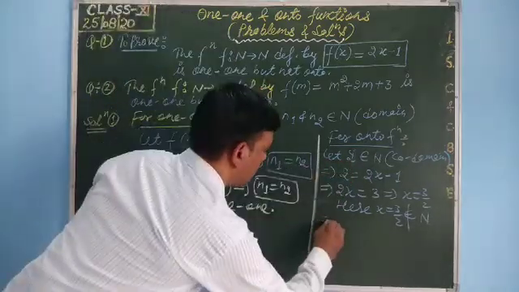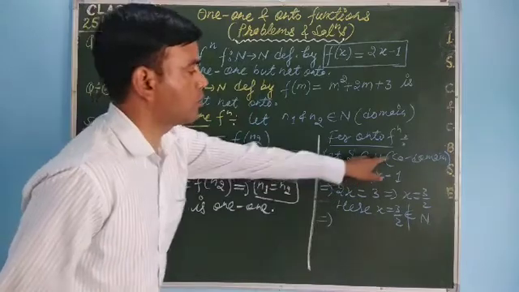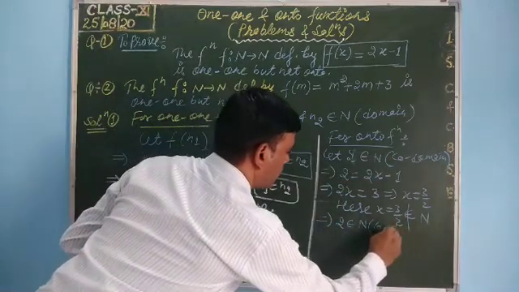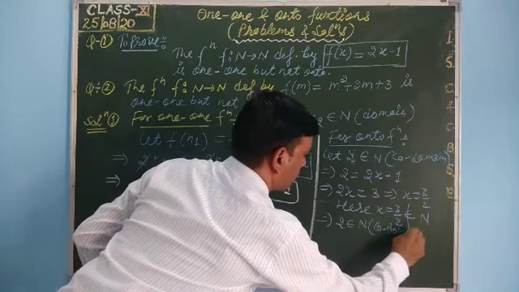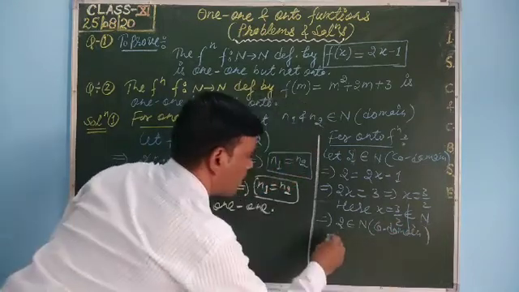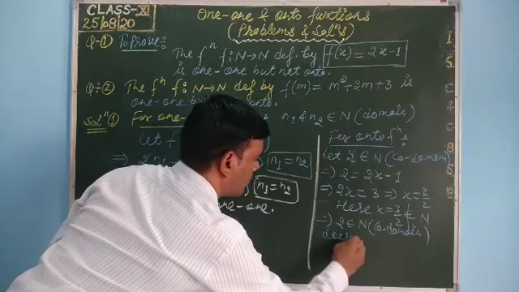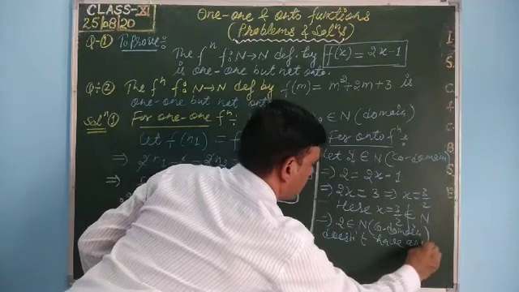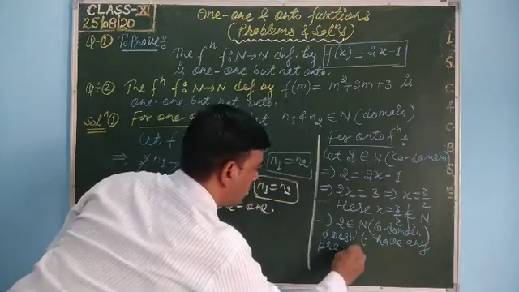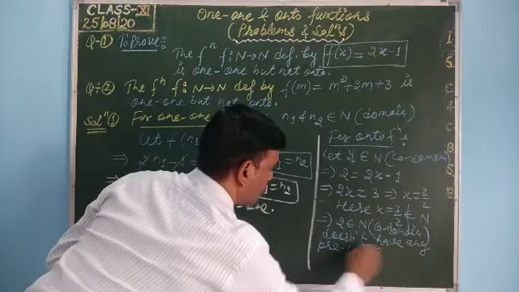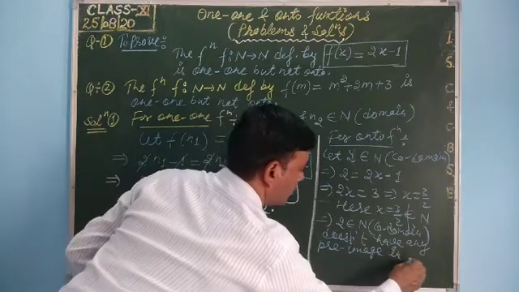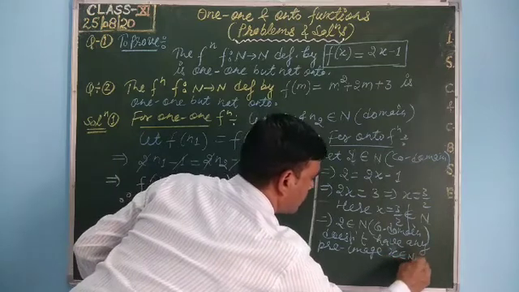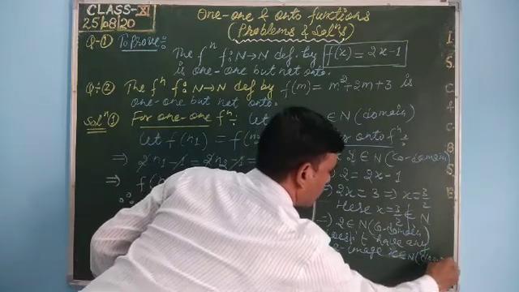This implies that 2 belongs to codomain doesn't have any pre-image x, where x belongs to N, that is domain.